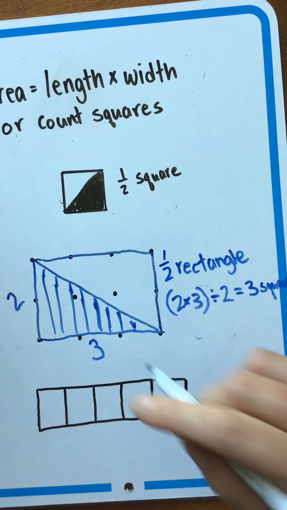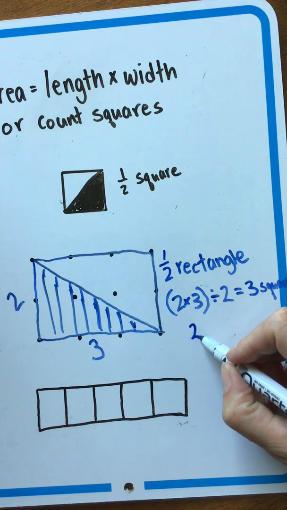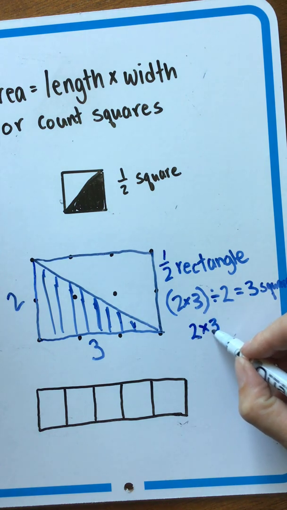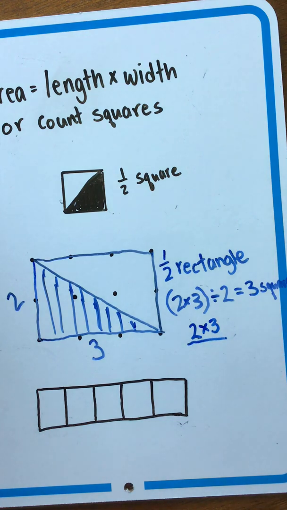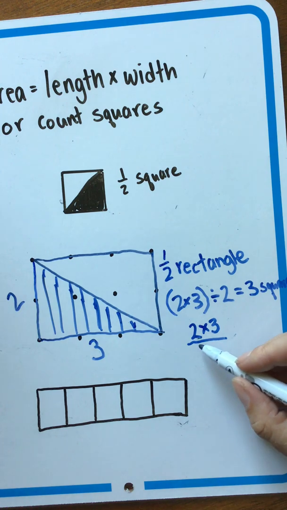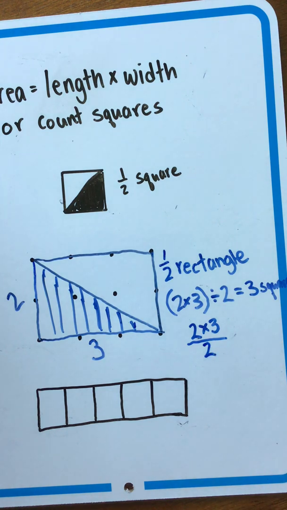Okay, the other way I can write that sneaky divided by 2 is I can use a fraction. So one of those little known things is that the dividing line in a fraction really means divided. So if I have 2 times 3, or 6, and then over 2, it's the same thing as saying 6 divided by 2.